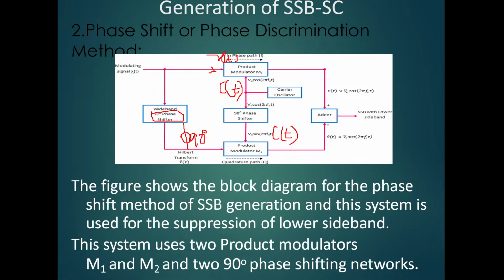Then both outputs, y1 of t and y2 of t, are given as input to an adder. There is an addition operation happening, and in such a manner an SSB signal is produced. So this is nothing but SSB, that is single sideband suppressed carrier.